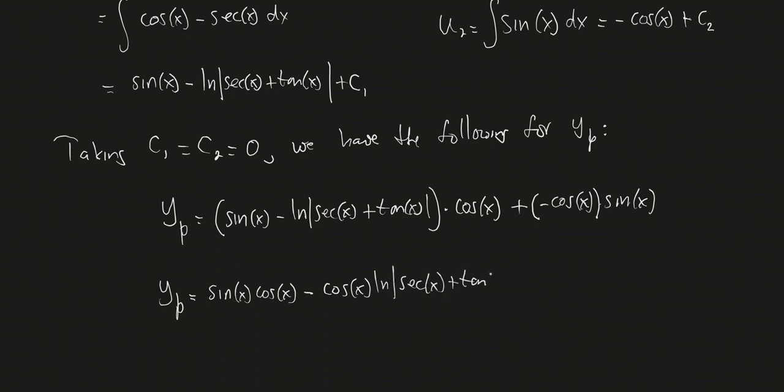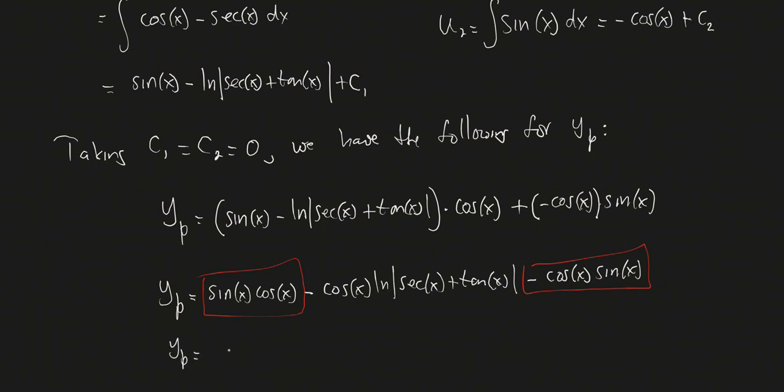Not much going on there. But then over here, I have minus the cosine of x, the sine of x. So this product is the negative of this product, so they cancel out.